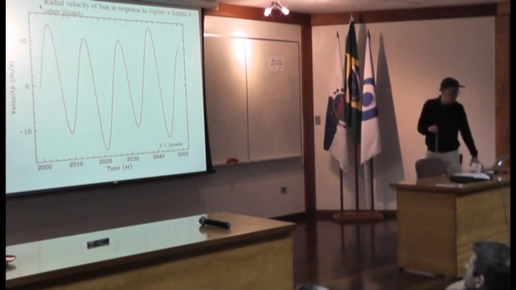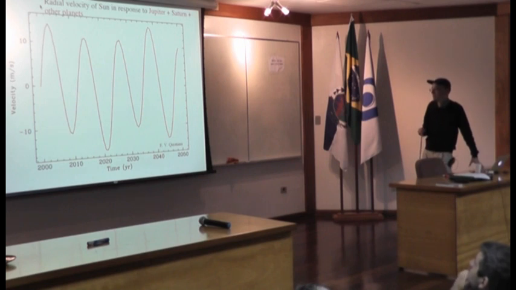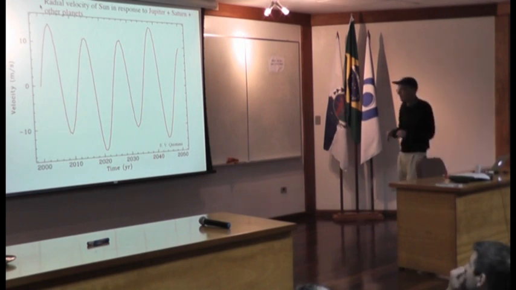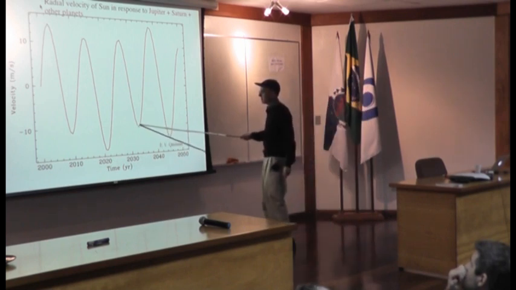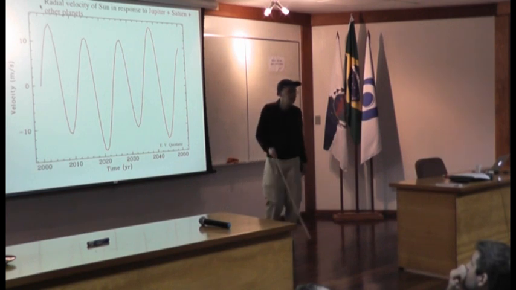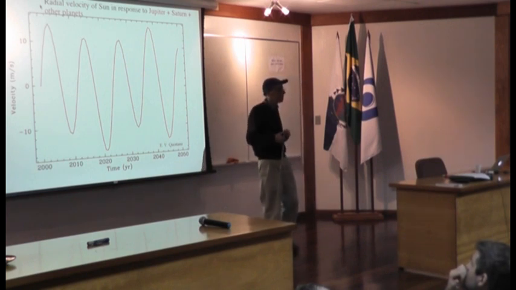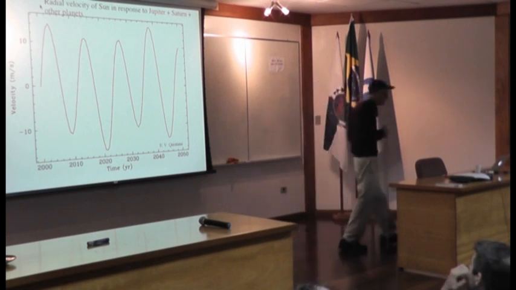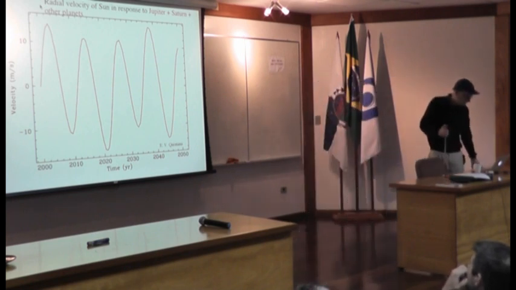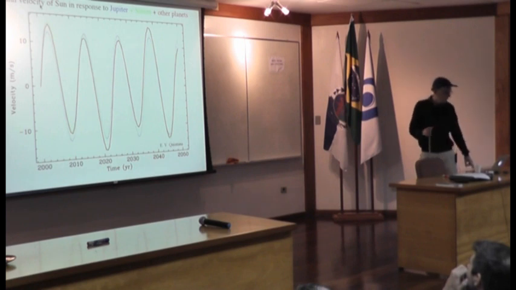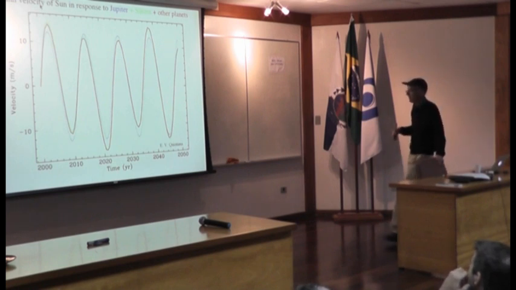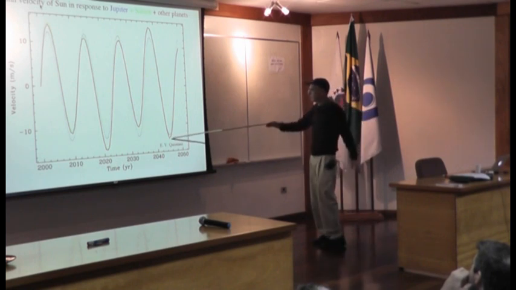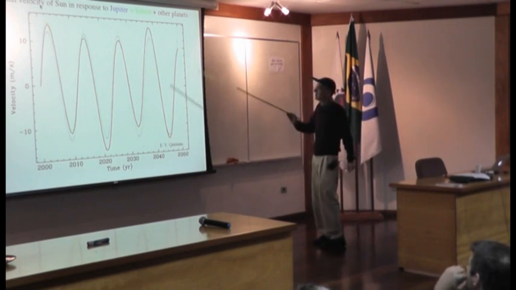And then this is Jupiter, Saturn, and the rest of the planets. You can see the same basic pattern, with tiny wiggles of tens of centimeters per second due basically to Earth and Venus. This compares the three sets. You can barely see any difference between the red and the green curves, except in these little places here.